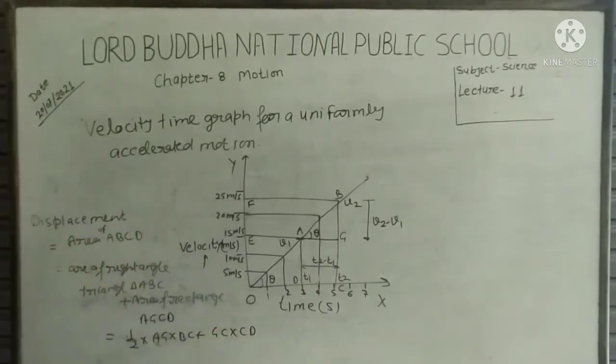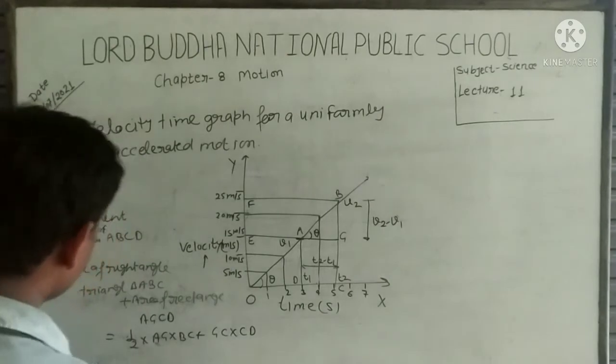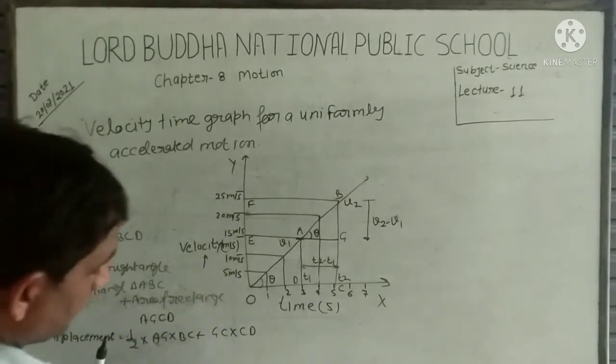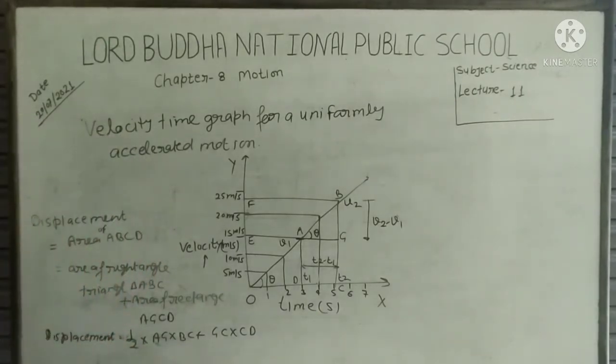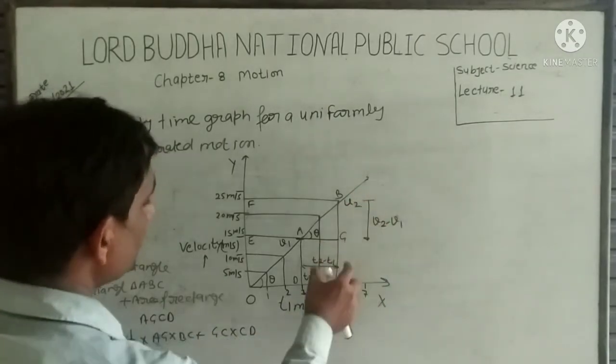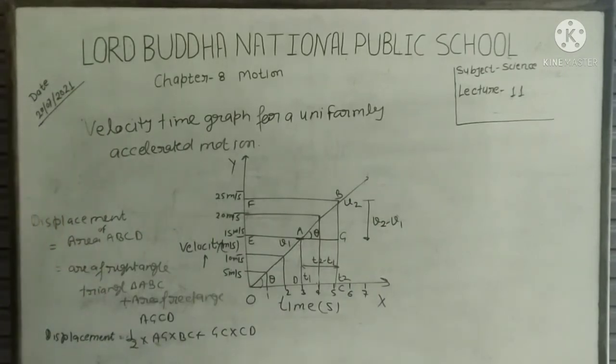Okay? This will be equal to the displacement. In this way, we can calculate the distance covered by the object, or for a moving straight line, displacement equal to 1 by 2 AG into BG, means the area of triangle plus area of rectangle. Okay.